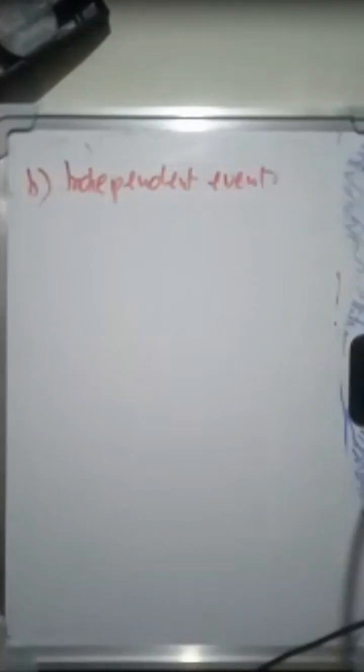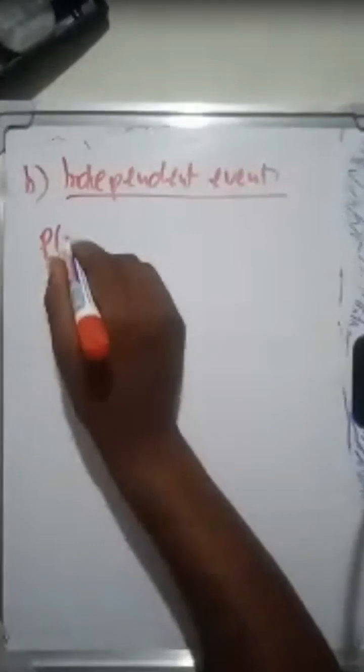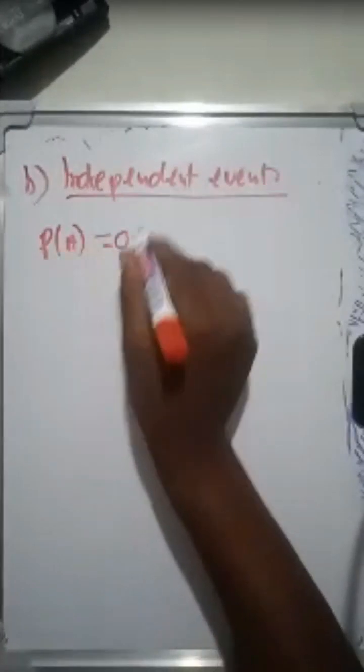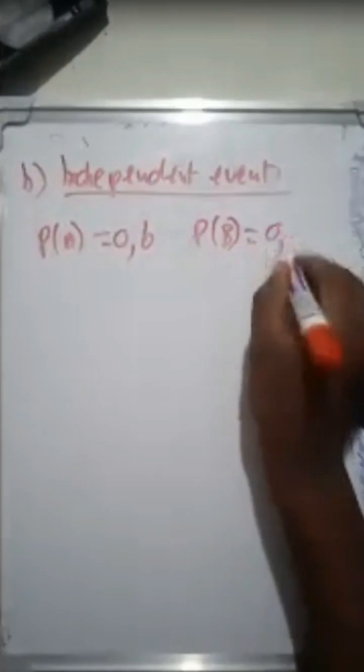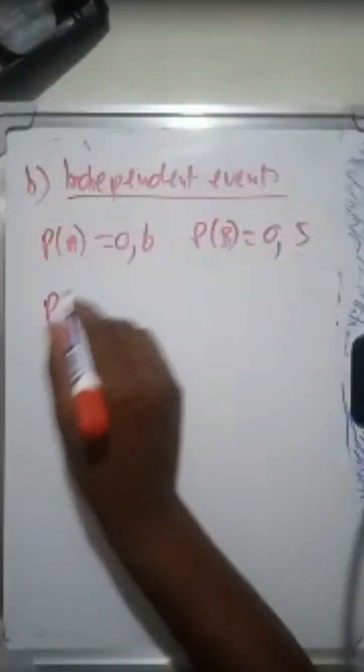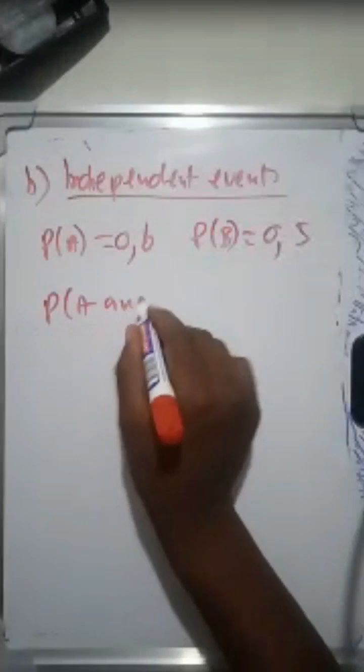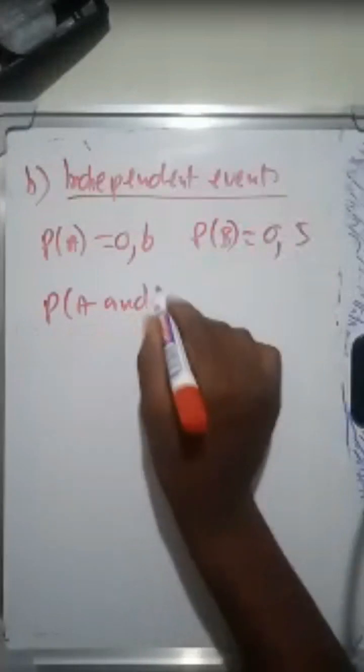Right? That is a keyword. They are independent events such that the probability of A is equal to 0.6 and the probability of B is equal to 0.5. Now determine probability of A and B.